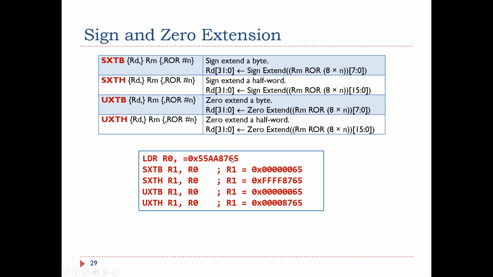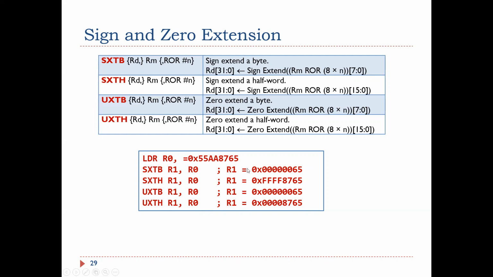For the sign extension, it will take a look at the most significant bit here of 6. The most significant bit of 6 is 0. So since it is 0, it is going to extend the rest of the 3 bytes as 0. That's what you see here, it extended as 0.